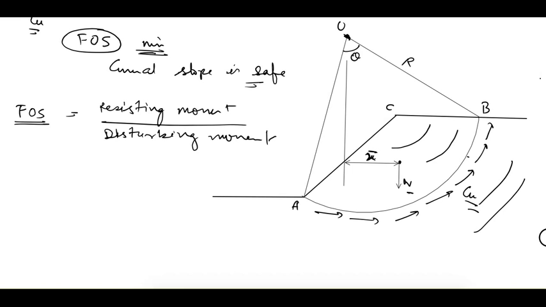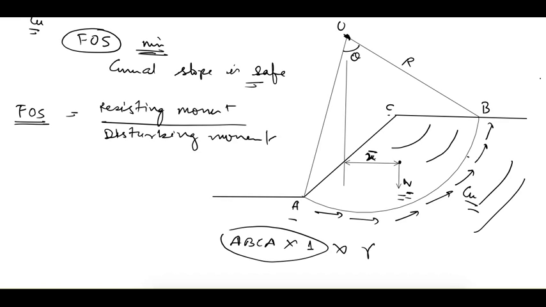The disturbing moment is the moment of this weight about this center. So what is this weight? This is the weight of the soil in this part A, B, C, A. So A, B, C, A is the area, and we take the unit weight, so it becomes a volume multiplied by the unit weight. That gives us the weight of this volume.